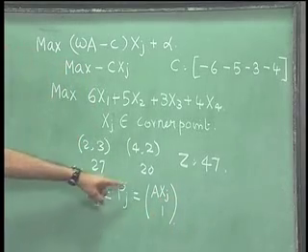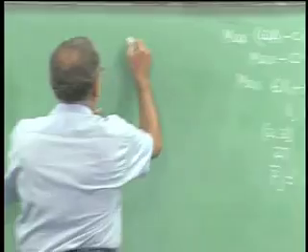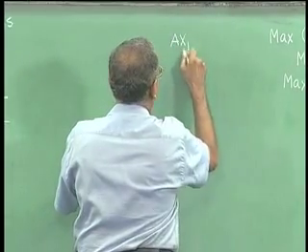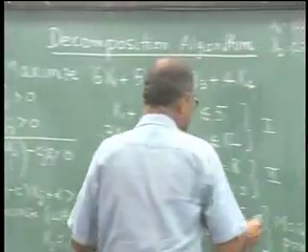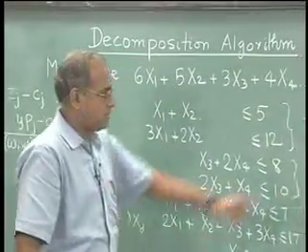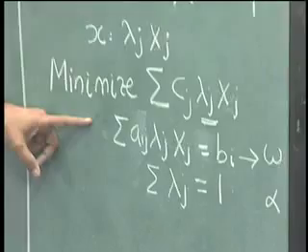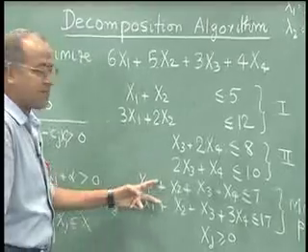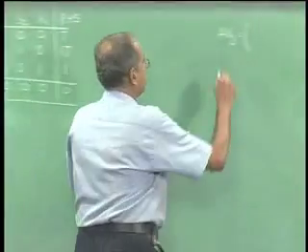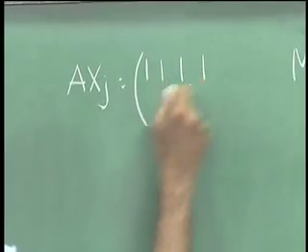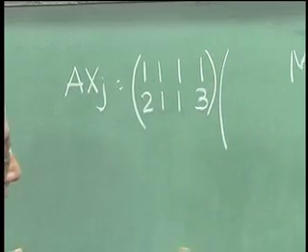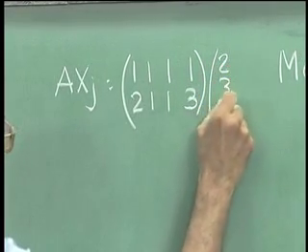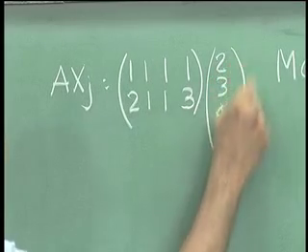So, now we have to compute A xj and 1. Now, A comes from the master problem. Please note, this is the master constraint, A x equal to b. So, A is 1 1 1 1, 2 1 1 3, into xj which is 2 3 4 2.